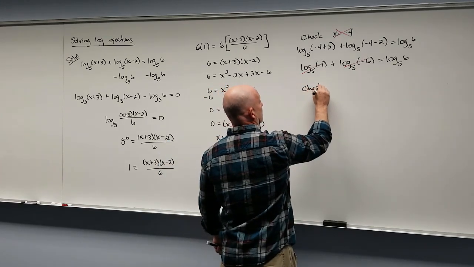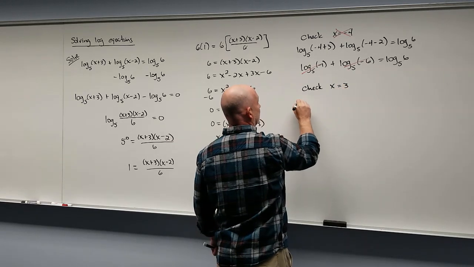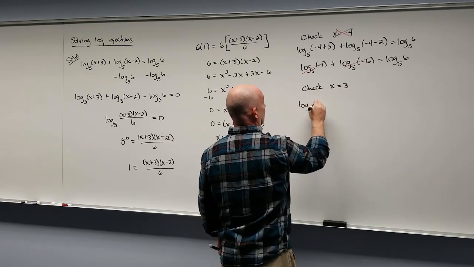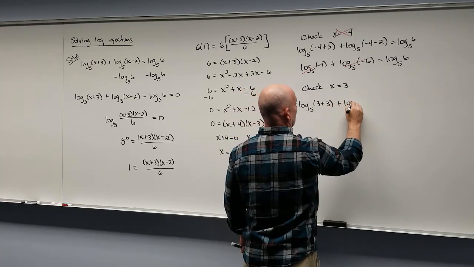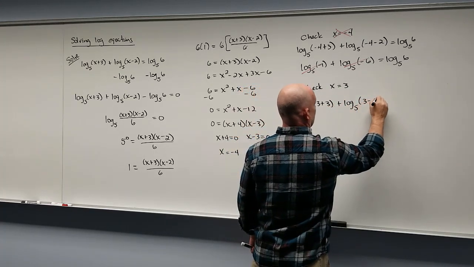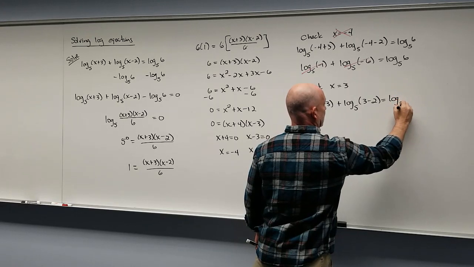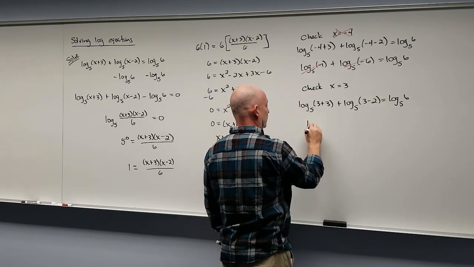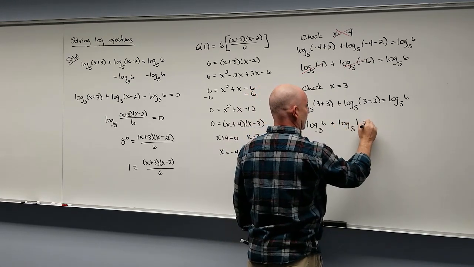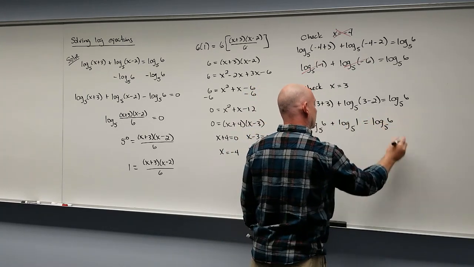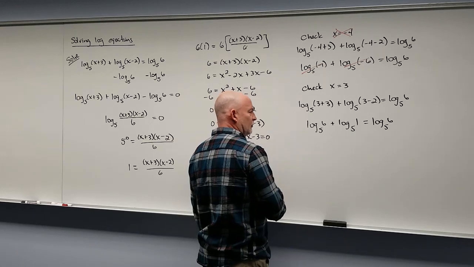All right, let's see if the 3 works. Let's check x equals 3. So we got log base 5 of (3 + 3) plus log base 5 of (3 - 2). Does that equal log base 5 of 6? So log base 5 of 6 plus log base 5 of 1 is equal to log base 5 of 6. Now that we got it down to one number, see if we can simplify anything.